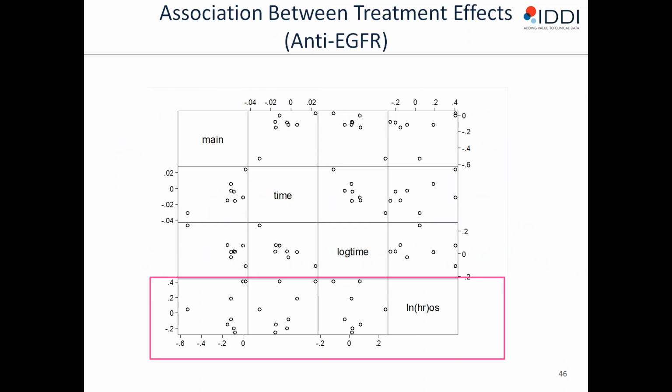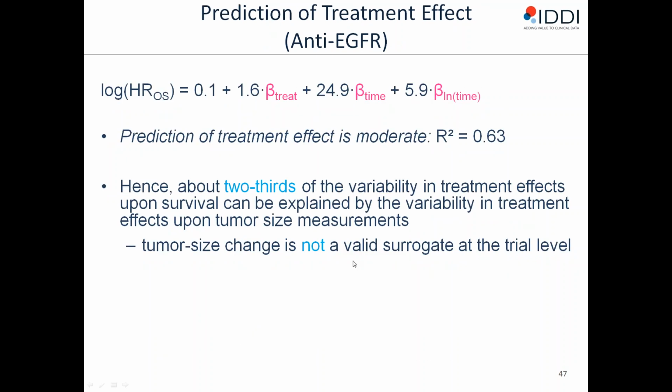So the last set is anti-EGFR subsets. Again, the plots show not very much, and in the model, jointly, it seems that things go better. So R-squared is equal to 0.63. The correlation underlying this might be seen to be 0.8. So it is about 2/3 of the variability.